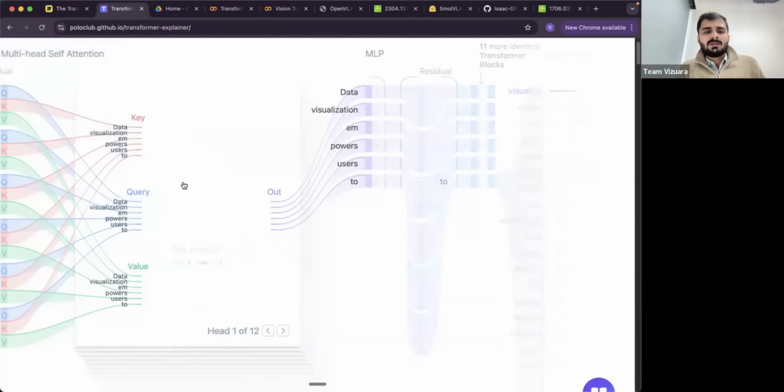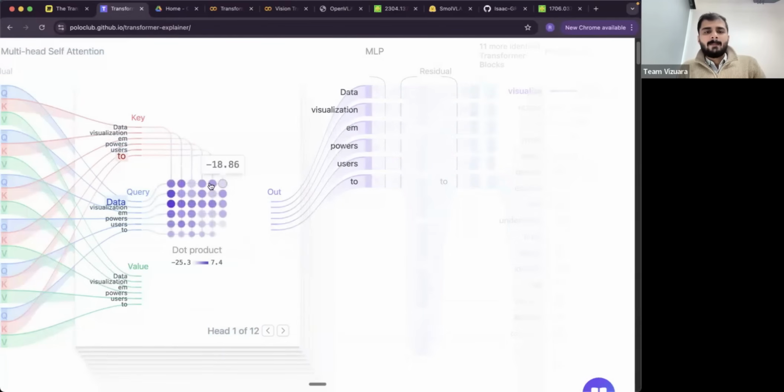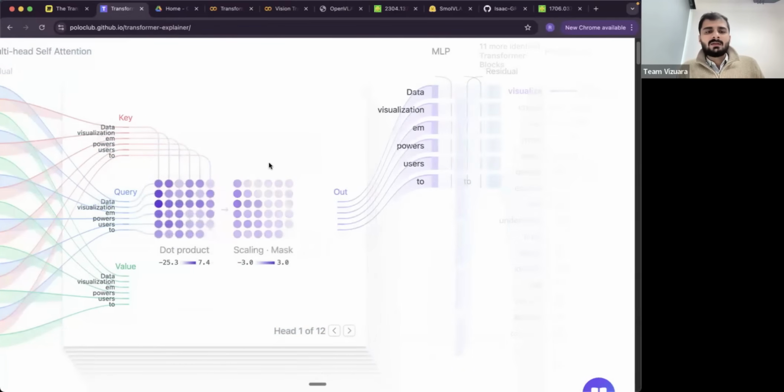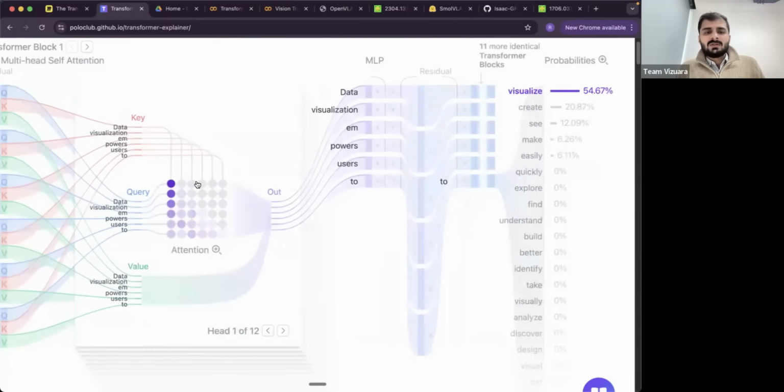You are taking this attention score and you are multiplying it by the value of visualization. You are taking this, multiplying it by the value of them, and you are adding it all together. And finally, you get a context vector for data. Similarly, you do the same for visualization and all the other tokens which come in this sequence.